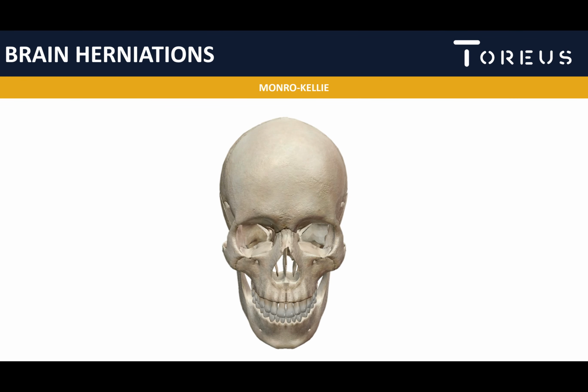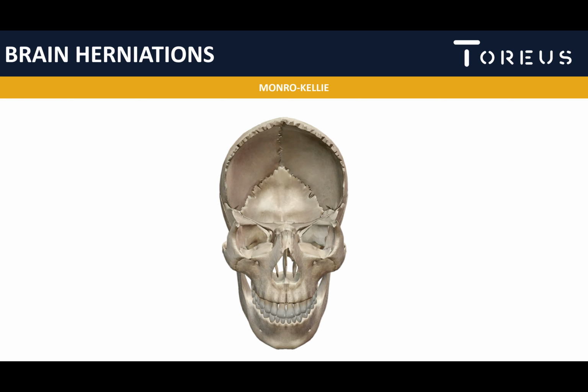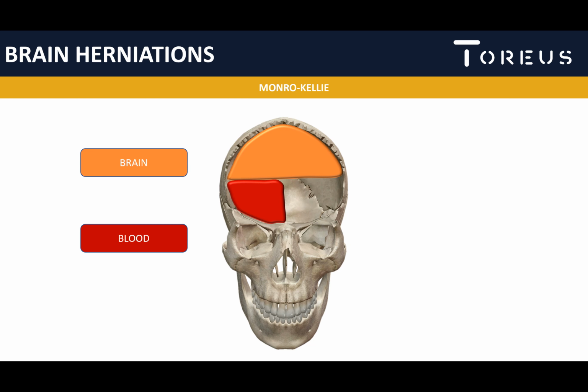Now we have to go deeper into these concepts, and we're going to open this skull to see what things are inside the skull. So we're going to dissect the frontal bone. And so inside the skull, inside the cranial cavity, we have the brain tissue, we have blood, and we have CSF.